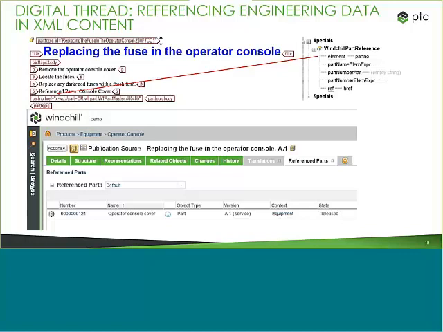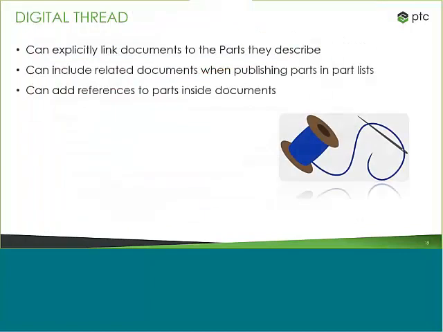So again, just to review, some of the capabilities that we've added related to digital thread. One being the ability to explicitly link documents, and documents could also be information groups or publication sections, to the parts that they describe.